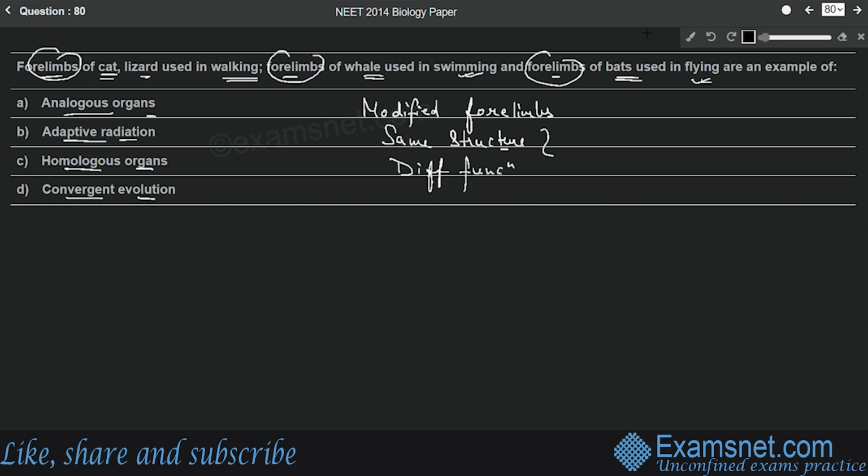And such type of organs are known as homologous organs. These type of organs have common ancestry or the common structure, but they are adapted to perform different function. So option C will be the correct answer.